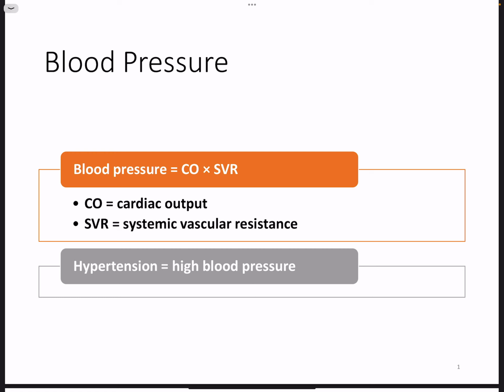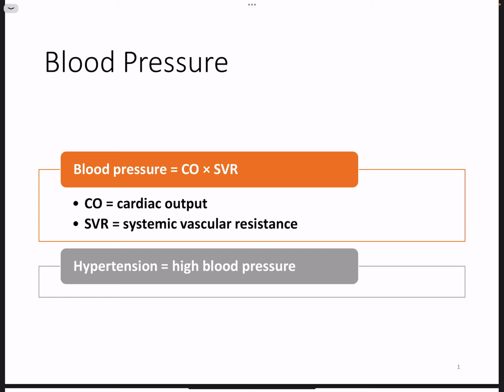Mostly hypertension, but sometimes also hypotension, especially in females. But because you are medical students, if there is no high blood pressure, no low blood pressure, the blood pressure is normal. So how you will describe the patient? Because one is hypertensive, the other one is hypotensive.